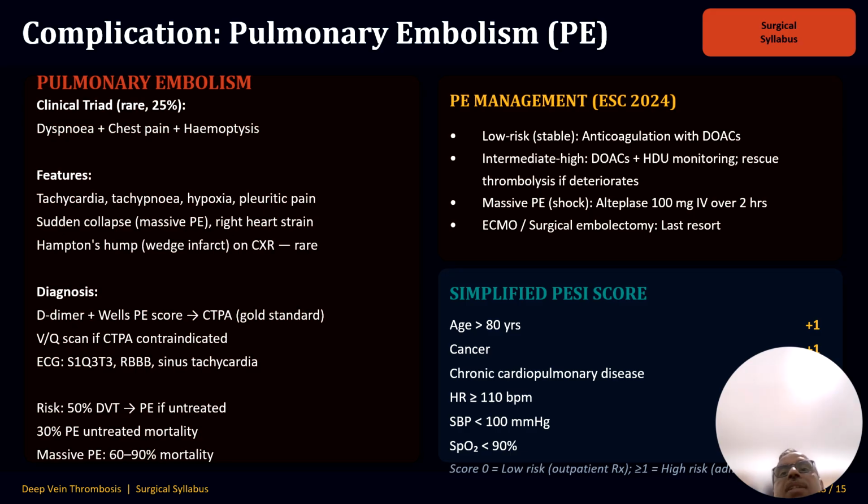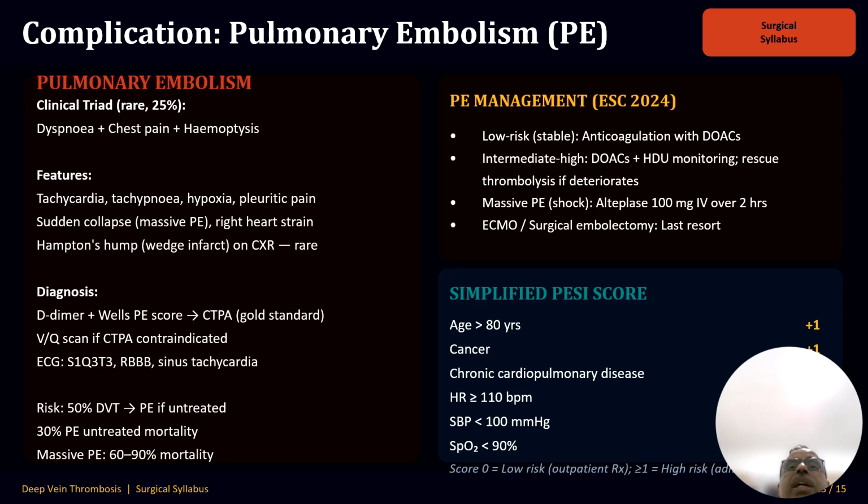So for low risk, anticoagulation with DOAC. For intermediate or high risk, DOAC and high dependency unit monitoring. Rescue thrombolysis if the patient deteriorates. And for massive pulmonary embolism with shock, catheter directed thrombolysis with alteplase 100 milligram IV over 2 hours should be given.